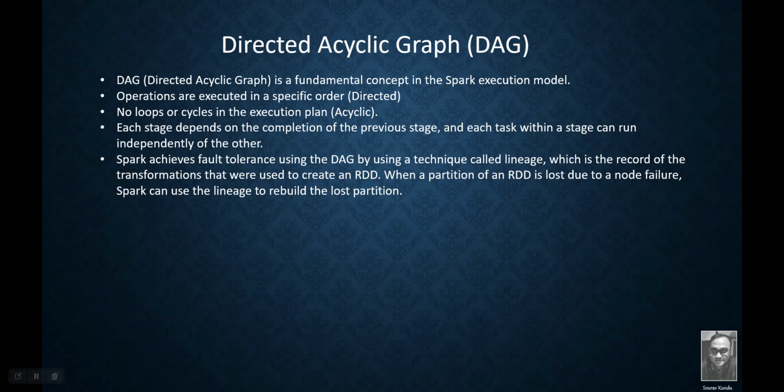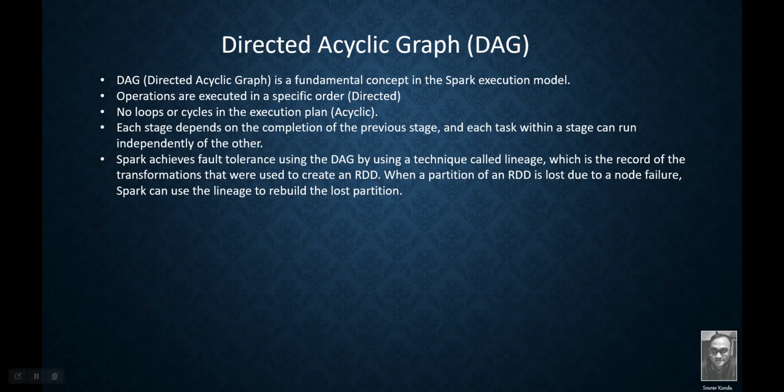Operations are executed in a specific order, that is directed. You cannot come back. And there are no loops or cycles in the execution plan, so that is acyclic. That's why it is a directed acyclic graph. Each stage depends on completion of the previous stage, and each task within a stage can run independently of the others.